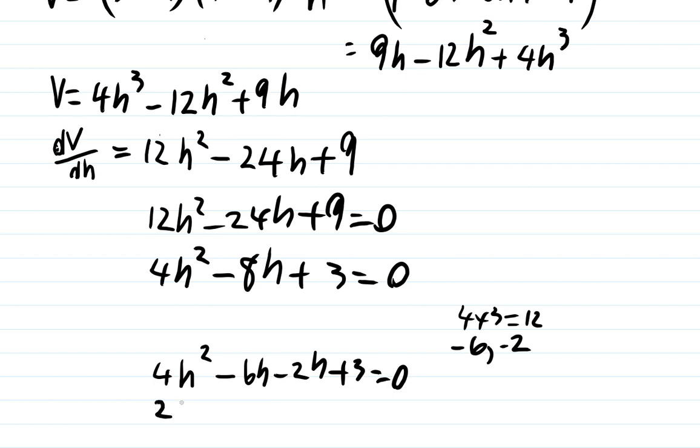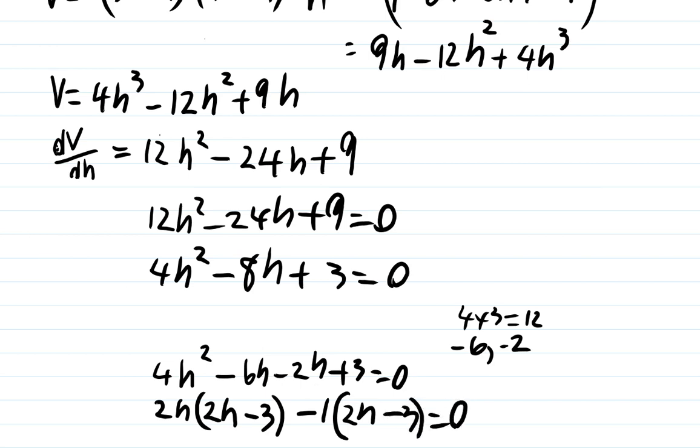So we have 2h outside the bracket: 2 into 4 goes 2 times h, h into h, minus 2 into 6, 3. Then minus, what's the common factor? 1. Negative 1 into negative 2h is positive 2h. Negative 1 into 3 is negative 3, equals 0.